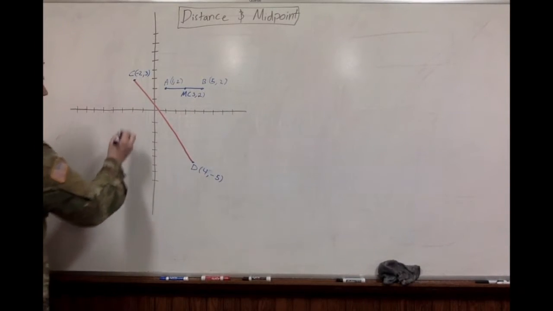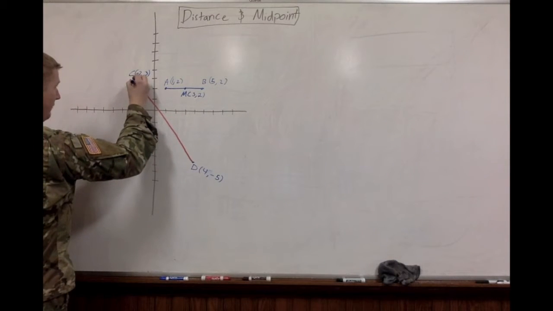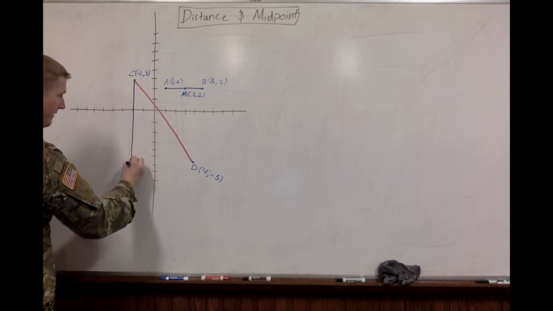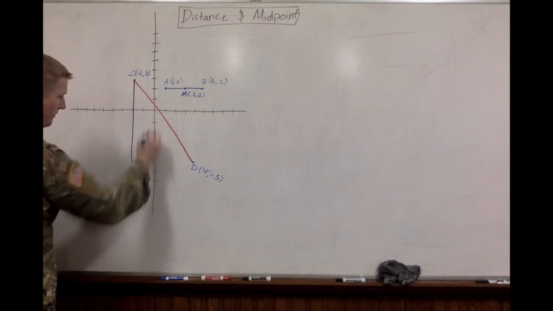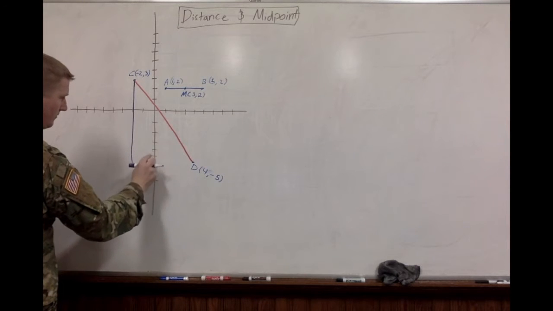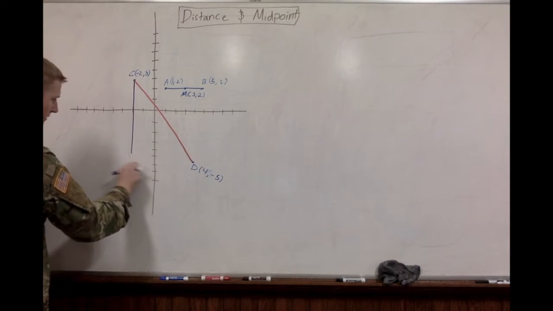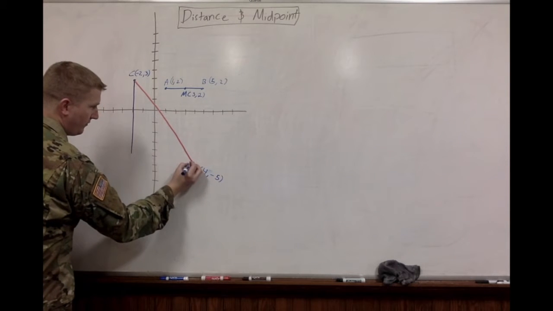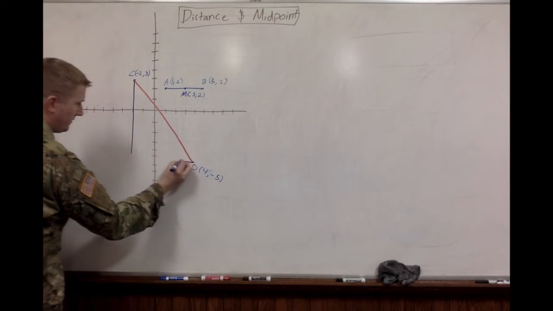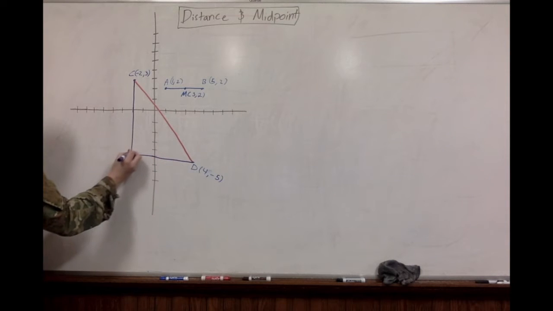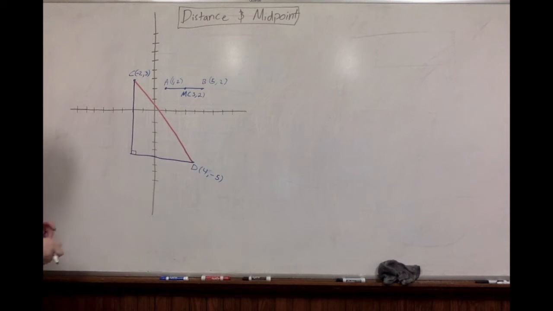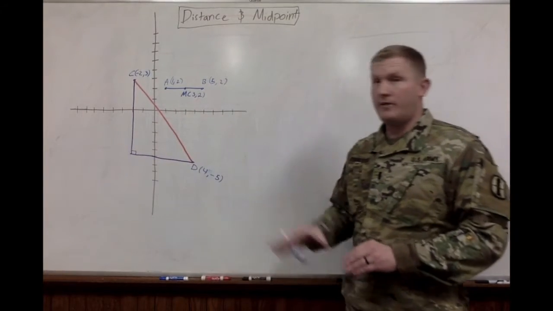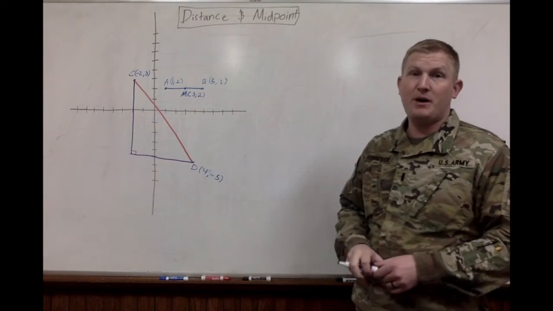If we start at C at -2 and just drop straight down to -5, a little bit too far, and we go to +4 on the x. All right. So now we've made a right triangle where the line that we want is the hypotenuse, that red line.